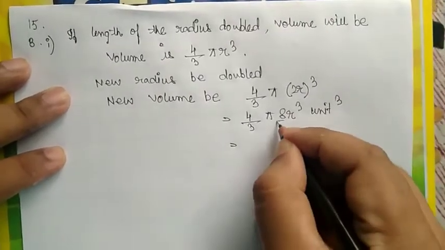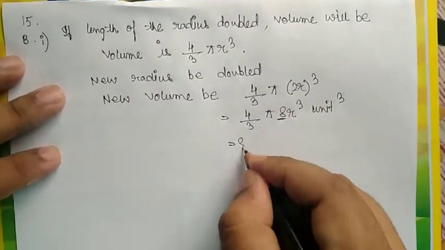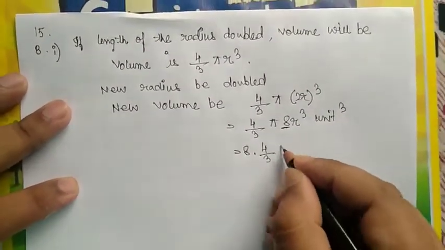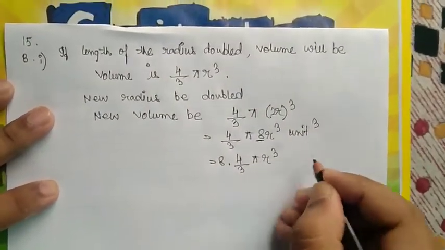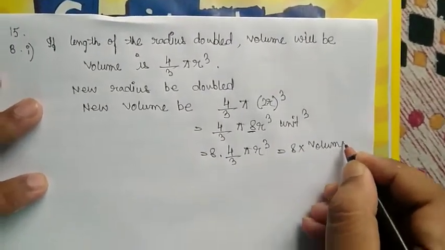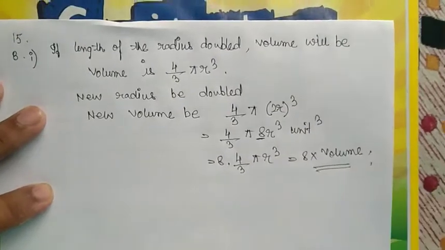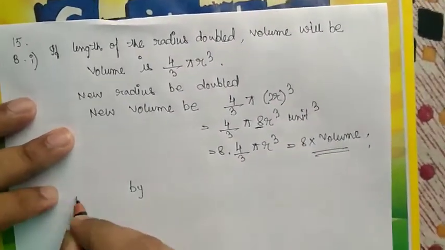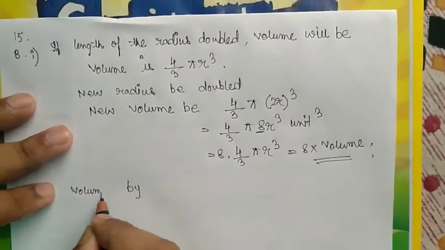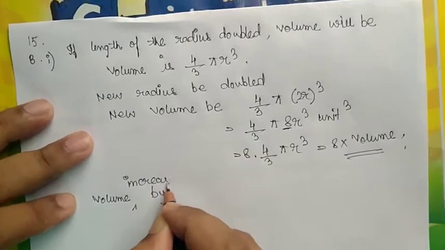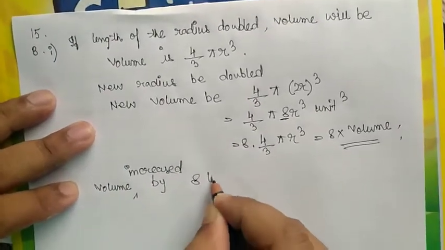So this 8 can be written as 8 into 4 by 3 pi r cube. So 8 into volume. So therefore the volume will be increased by 8 times.